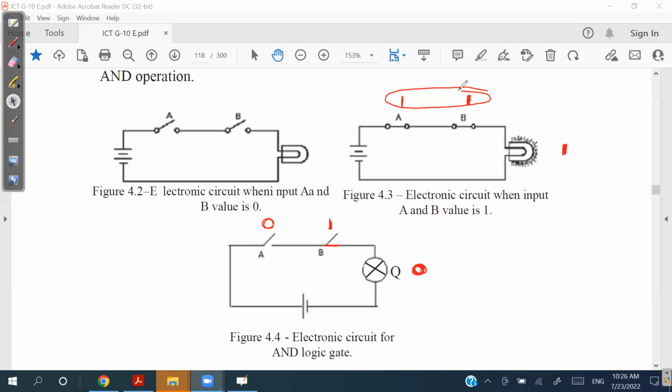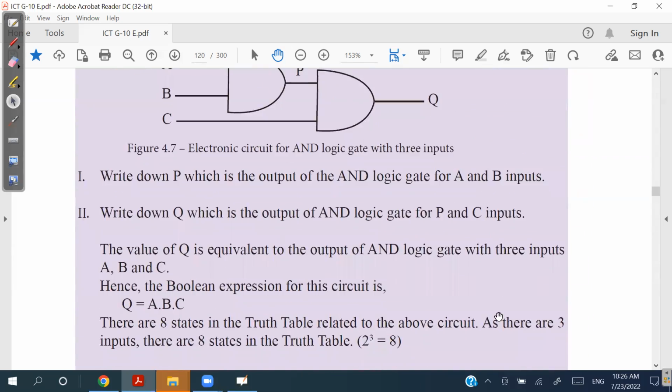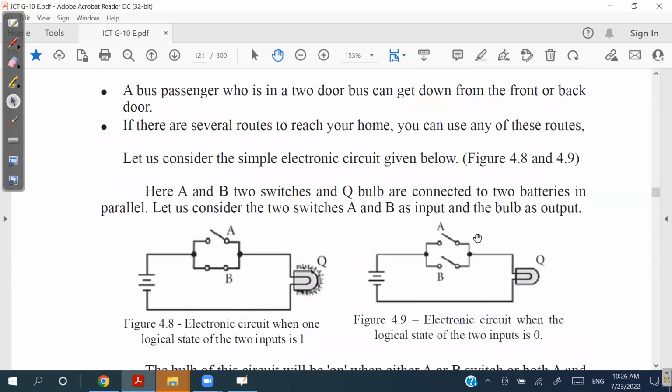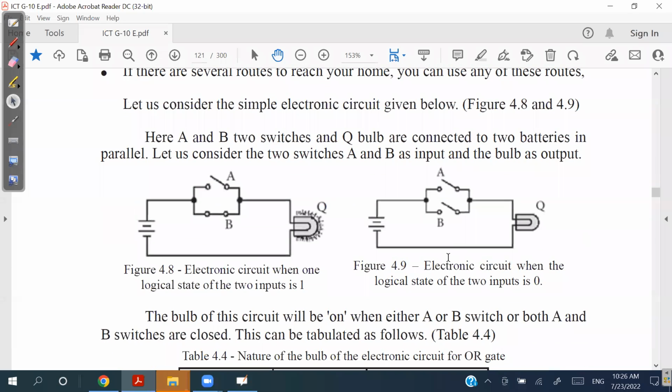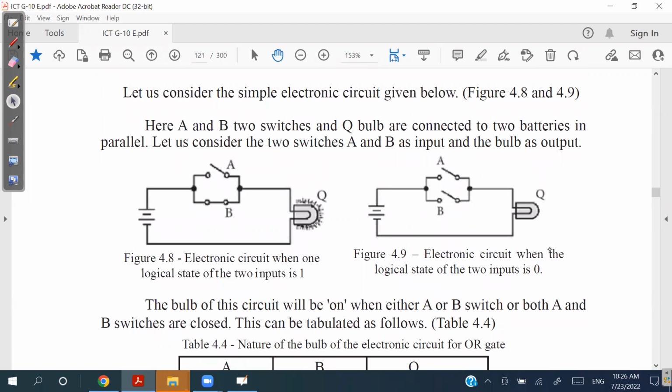In the same way, they have illustrated the OR gate as well. So they use what we call the parallel method of the electric circuit, right? Here they have gone with the same argument.